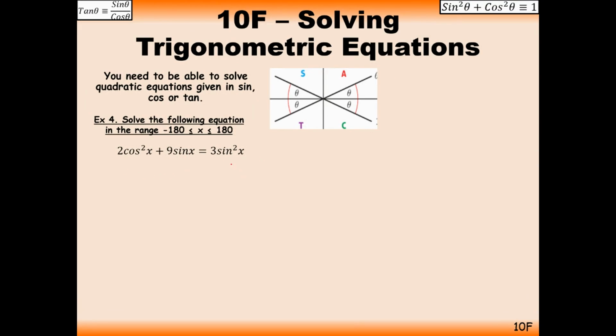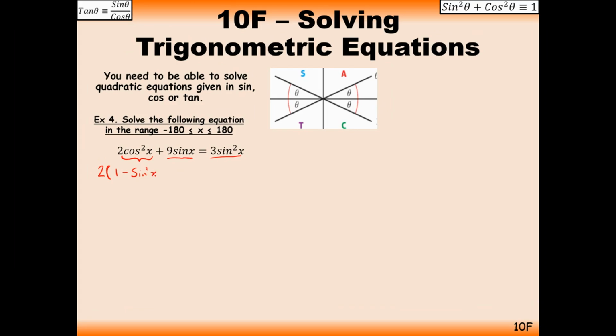So you can see, because we have 9 sine x here and 3 sine square here, we need to manipulate this cos square and turn it into sine. How? We're going to use this famous trigonometric identity. We say that cos square is 1 minus sine square.